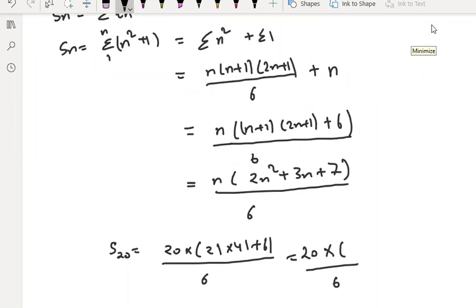What will be the answer? So it will be 867. Now if you multiply, we will get 17,340 by 6, right?